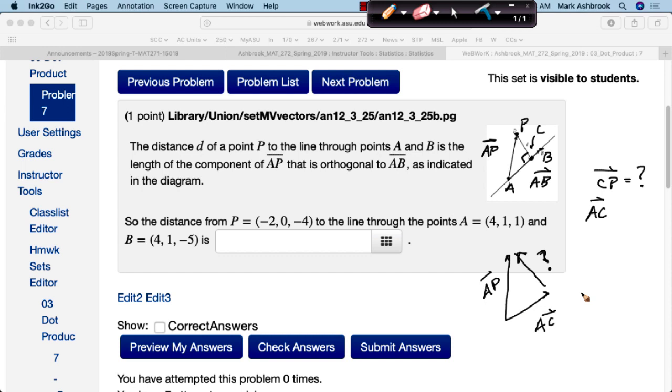Two different approaches, but same thing. So if we could get the vector AC, then we'd have this triangle: the vector AC, our unknown vector, and the vector AP. I think I'll just stop there. I think you can figure it out from there.